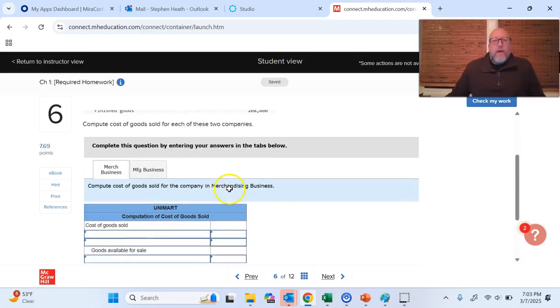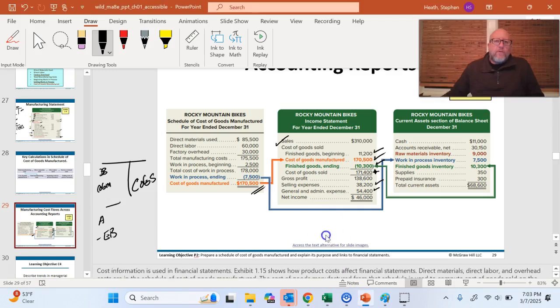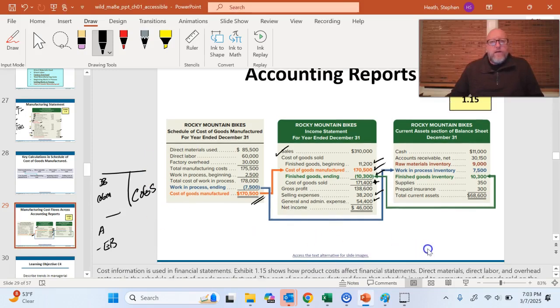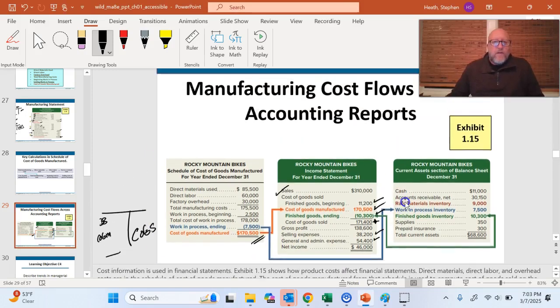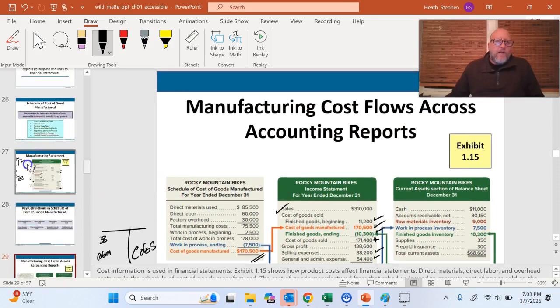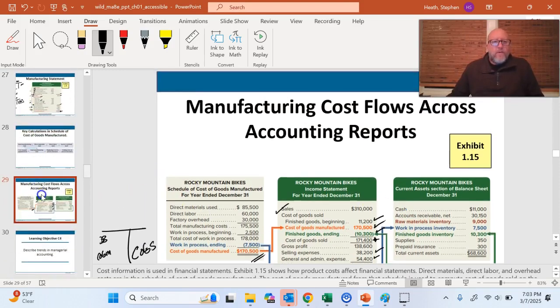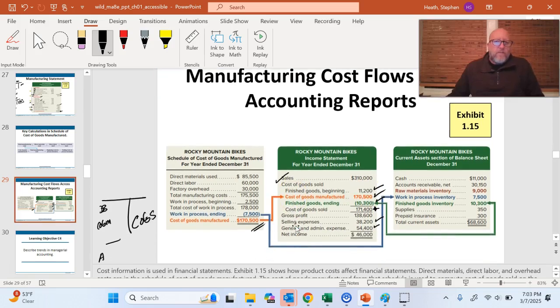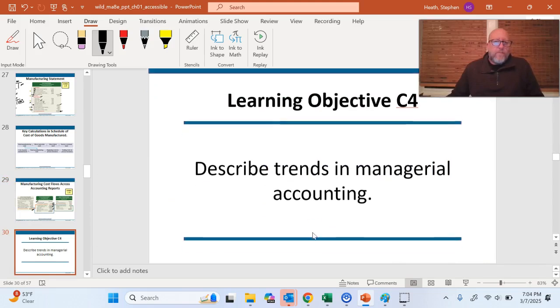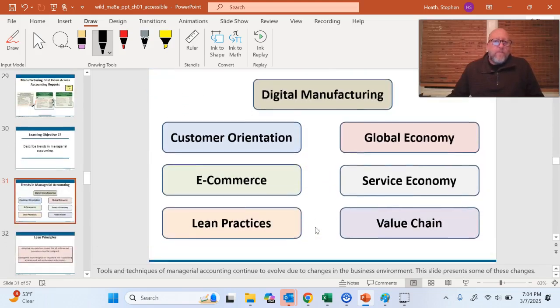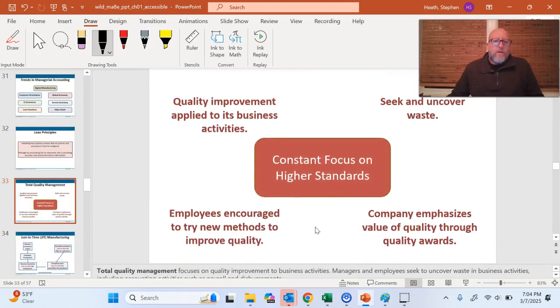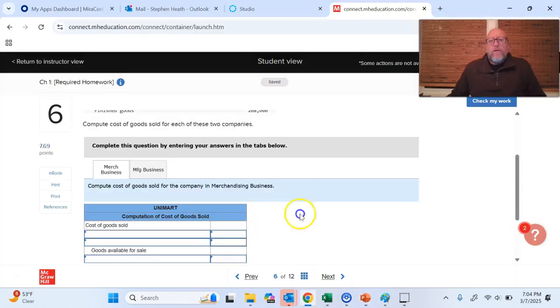Okay. So again, I'm going to leave you to these questions. You can find the income statements up in the slides if that does help. And hopefully you remember the format of an income statement for a merchandiser from financial accounting.